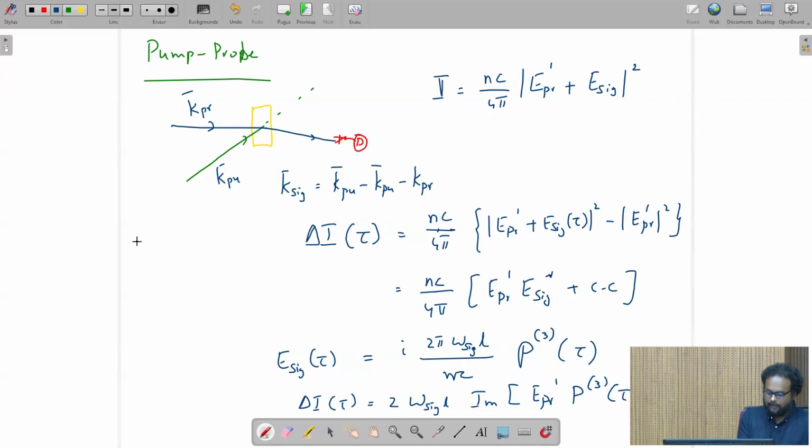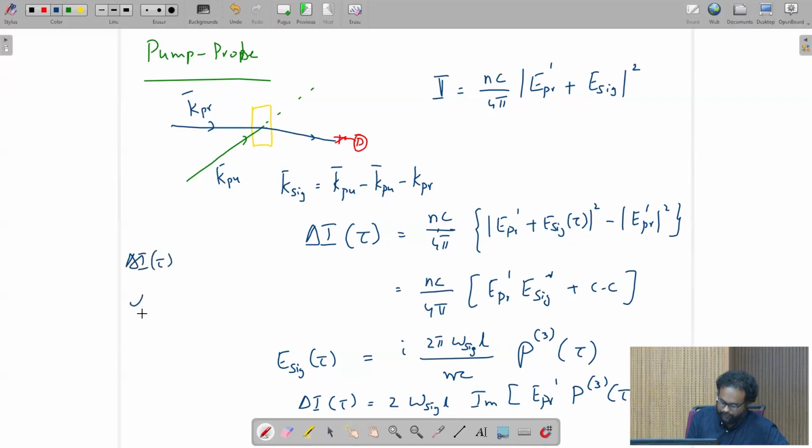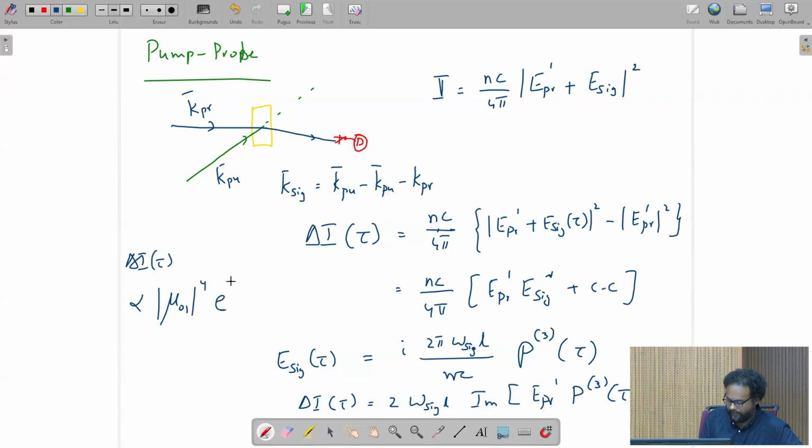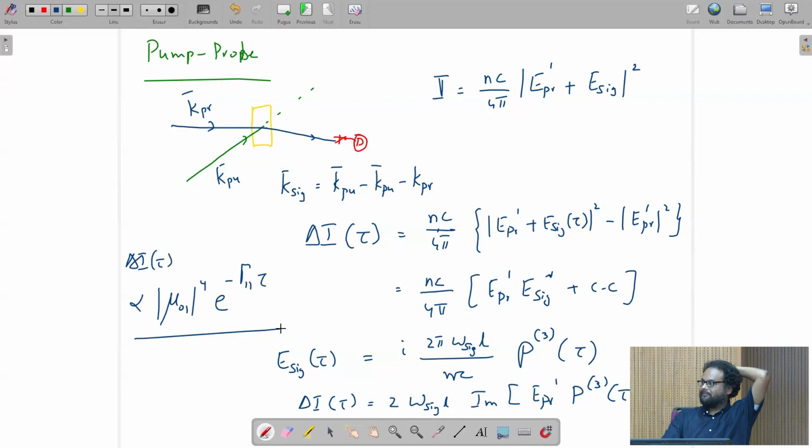You will see my delta I of tau is mostly proportional to mu_01 to the fourth times e to the power of minus gamma_11 tau, the excited state lifetime, the population decay rate, gamma_11 for a two-level system.